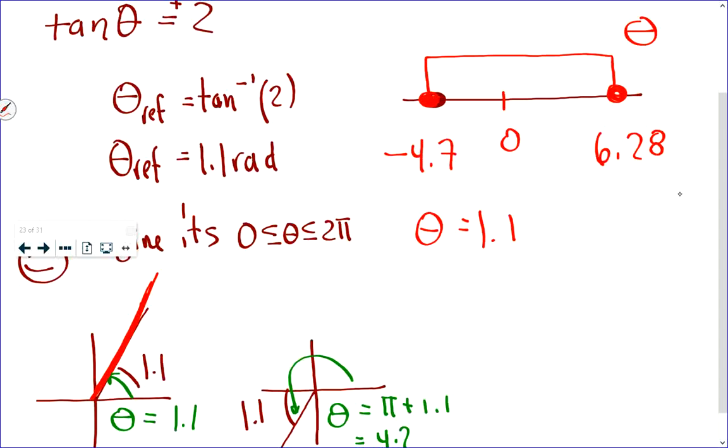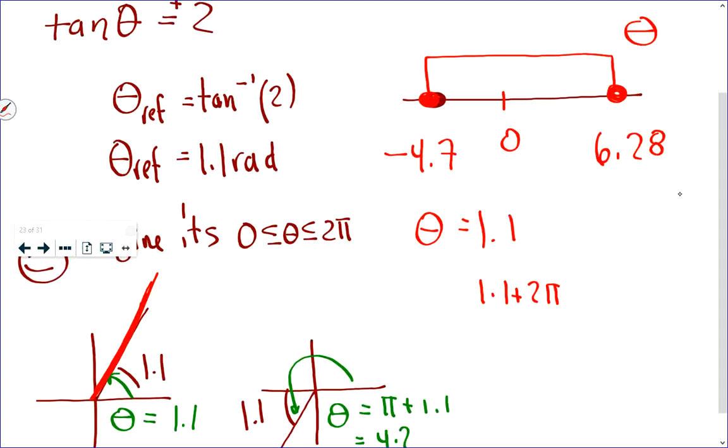So what I'm really doing here is making a list of coterminal angles with that 1.1. So I'm taking 2 pi plus 1.1, you figure that out, and you get 7.38, I think.